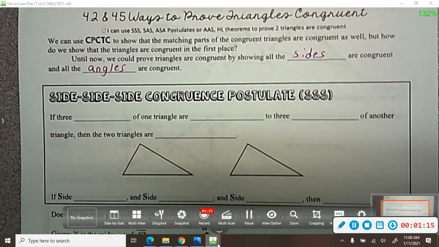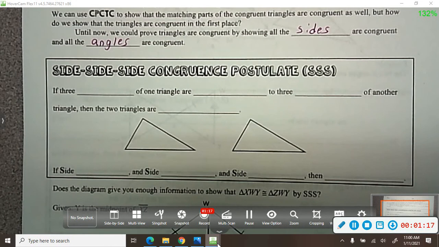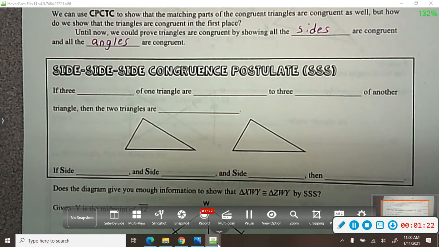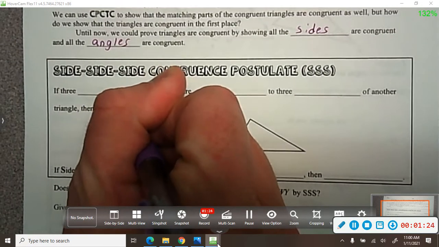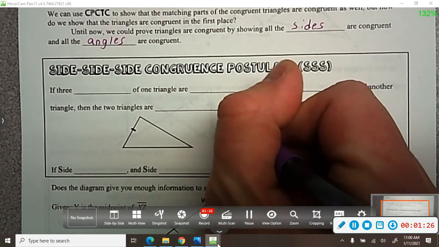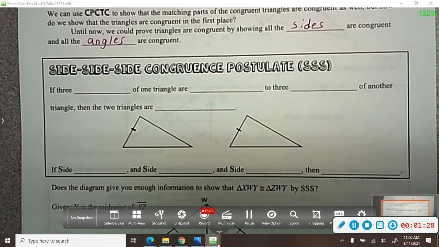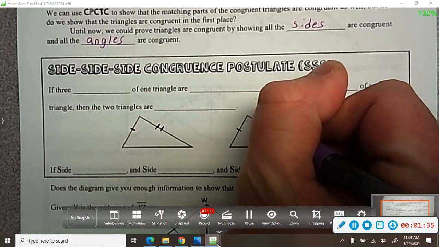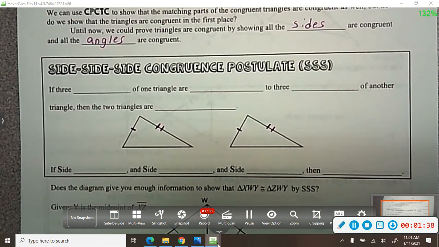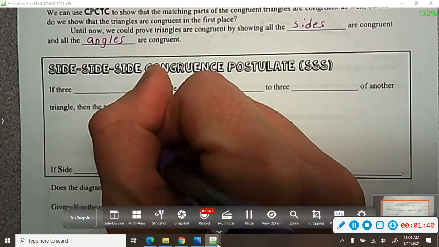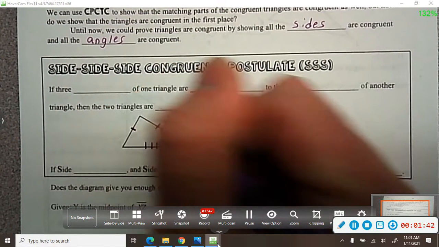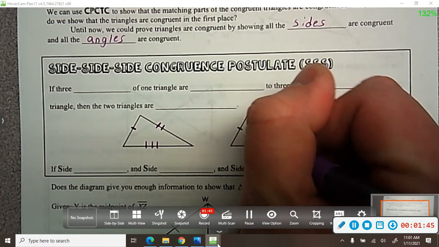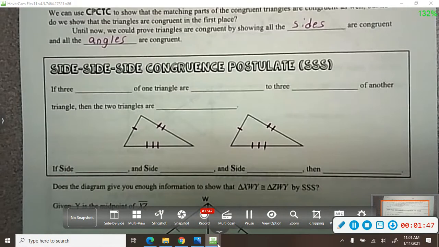And so the first one, and I don't know if we're going to fill it in exactly, is called the side-side-side postulate. If you know this side equals this side, and you know these two sides are congruent, and then you know that this side is congruent to this side, then that's also enough to know the angles are congruent.